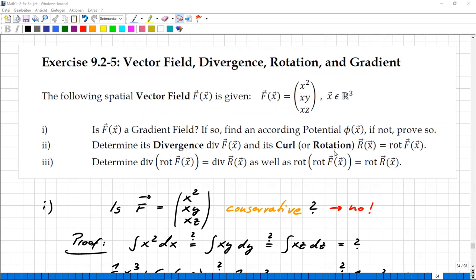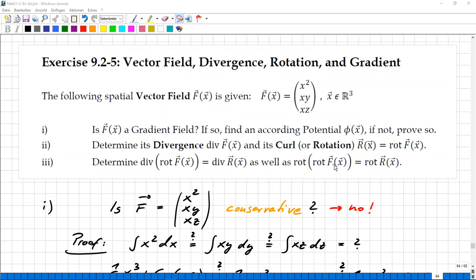And then some interesting combinations, which are divergence of rotation of f of x, then it gets really abstract to imagine what this might be, okay? And for shortness, I abbreviated the rotation of f to be called capital R. You see what I mean? Because this is also a vector field, and this transformed vector field, rotation of f, will be called capital R vector of x. And then we also want to know the divergence of this, and then even the rotation of this rotation field.